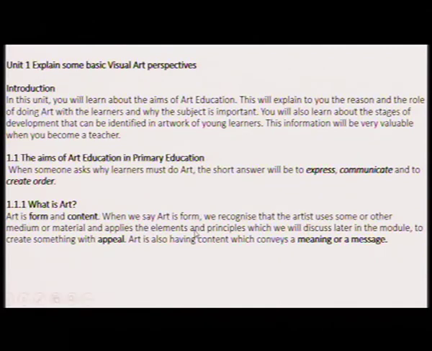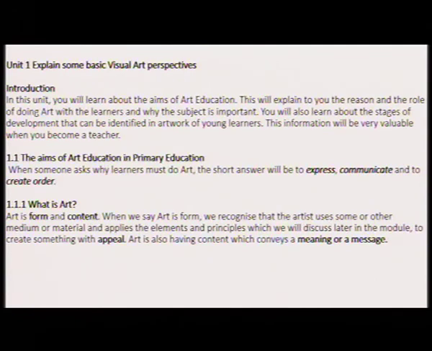So what really is art? Art is a form, and it's a content. When we say art is a form, what are we referring to? What are the forms of art? We say art is a form because we recognize that artists use mediums and materials to create artwork.